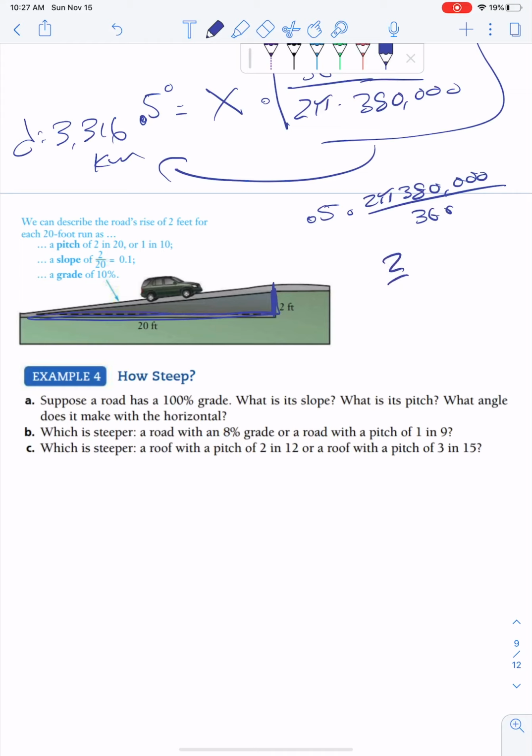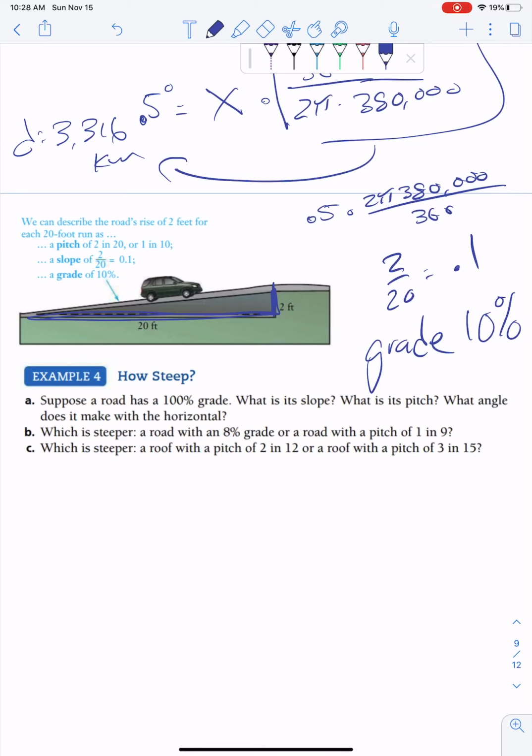So that would be 2 over 20. The slope of the hill is the exact same thing. It's 2 over 20, which is 0.1, okay? We just say it differently. When we say pitch, we say 2 in 20. When we say slope, we say 0.1. We actually divide it. When we say grade, what is the grade of the road? We take that 0.1 and we write it as a percent.